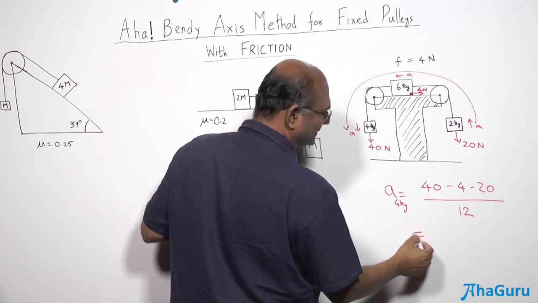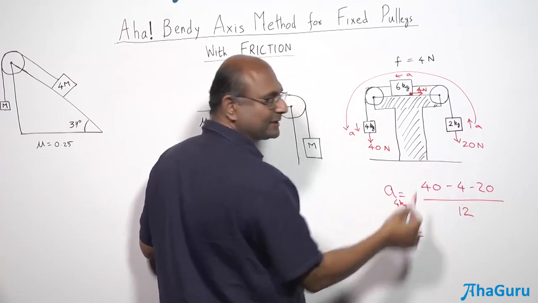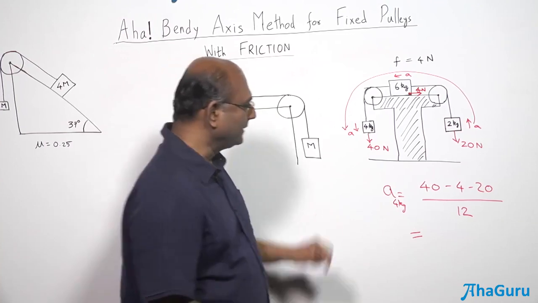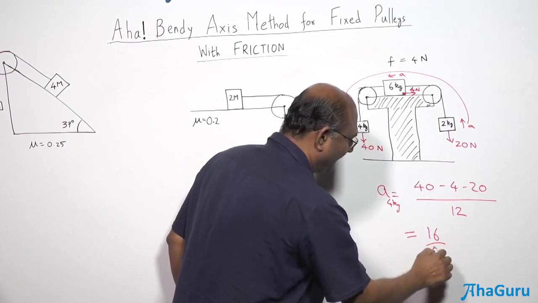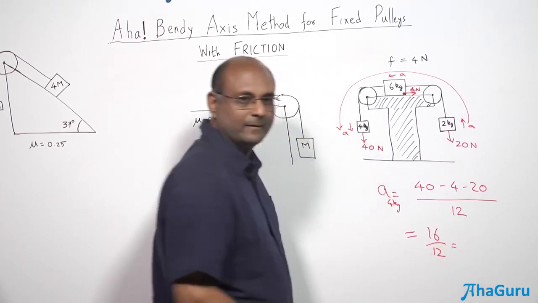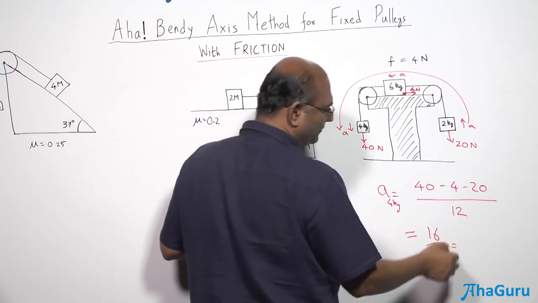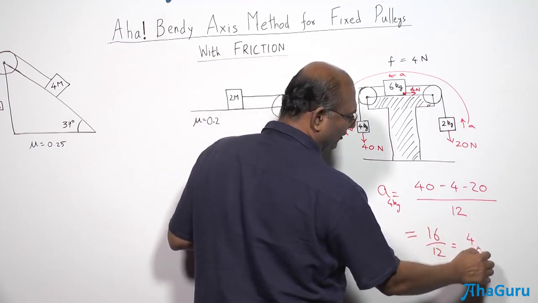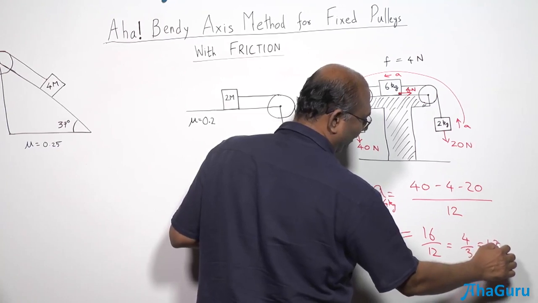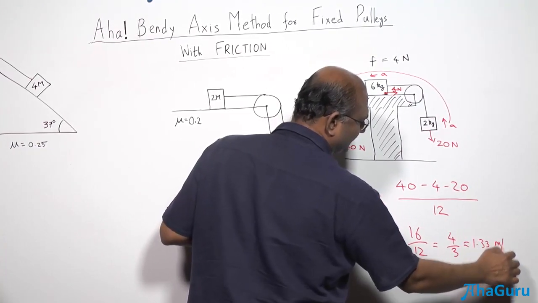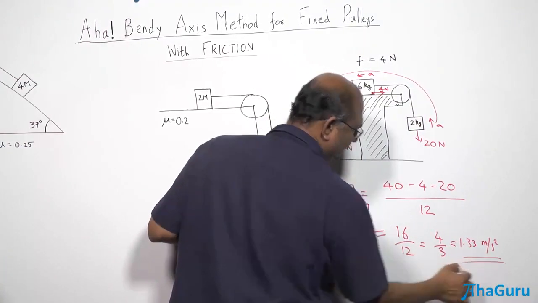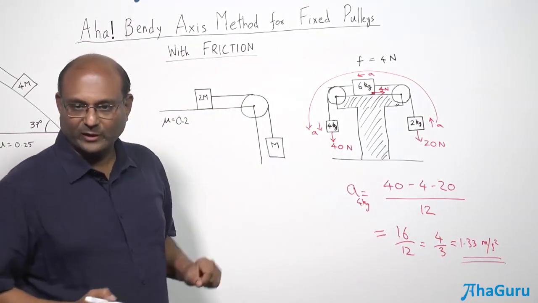So this is going to be our acceleration. How much is this? 20 minus 4, 16. So this is 16 by 12. Right? So if I cancel out the 4, this is 4 by 3 or 1.33 meters per second square. So that is going to be the acceleration of the 4 kg block.